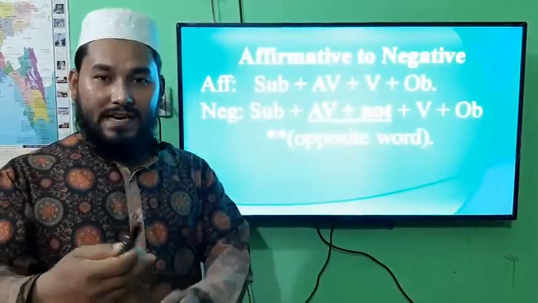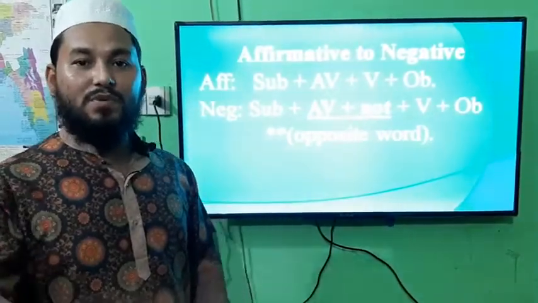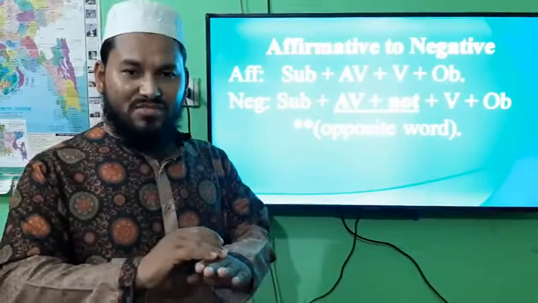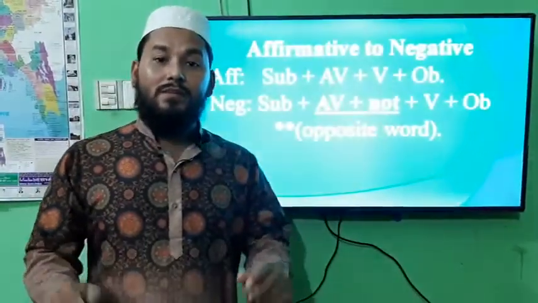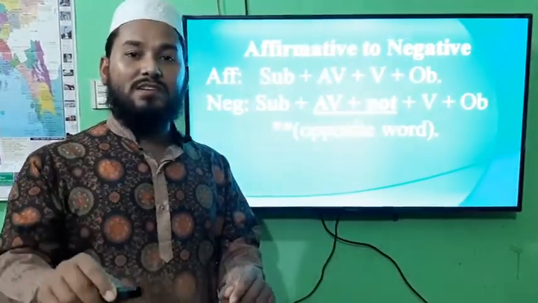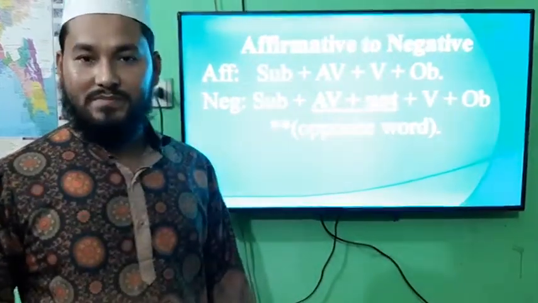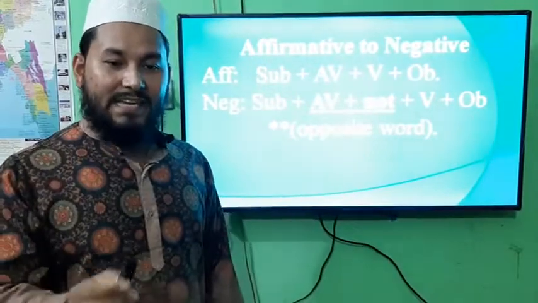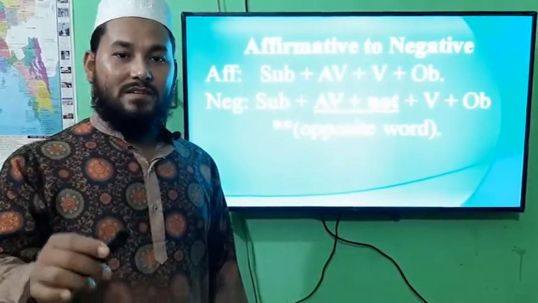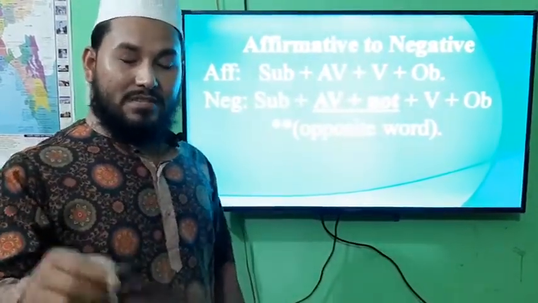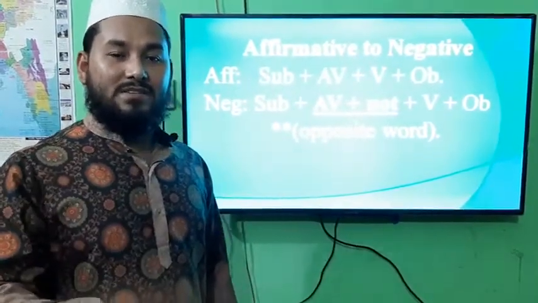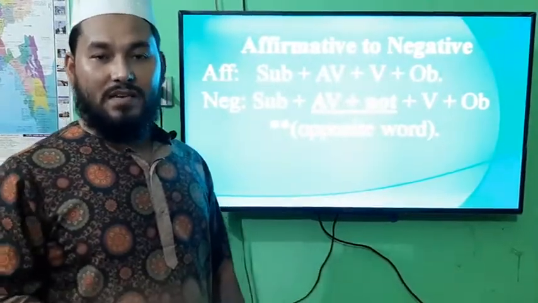Now there may be a question, where will we input not in the sentence? The answer is clear. We must input not after the auxiliary verb. Not never takes place after other words or other parts of the sentence.